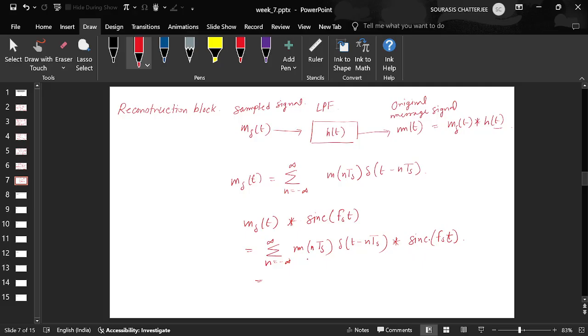So while this part is constant, these two here are functions of time. So we are basically convolving the impulse function with another time domain function, so that would result into the following.